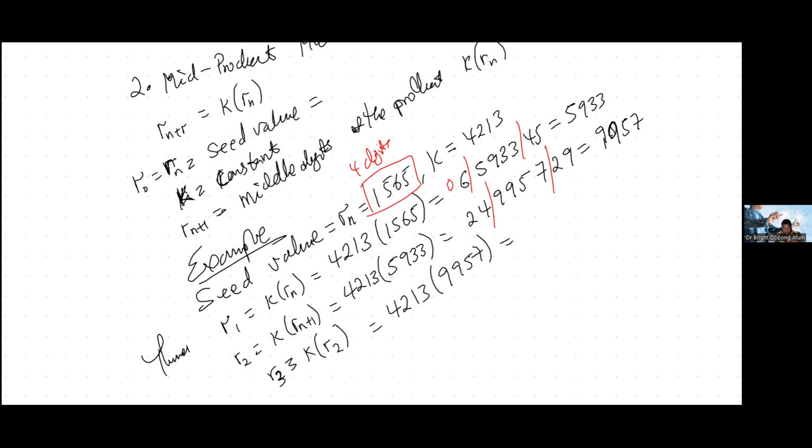So 9957 by 4213 is 41948841. And this will be 9488. All right, so this is how the mid product method works.